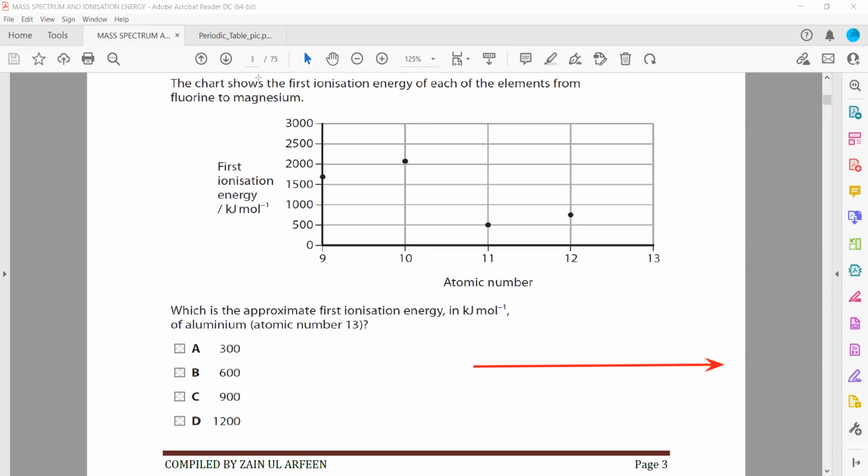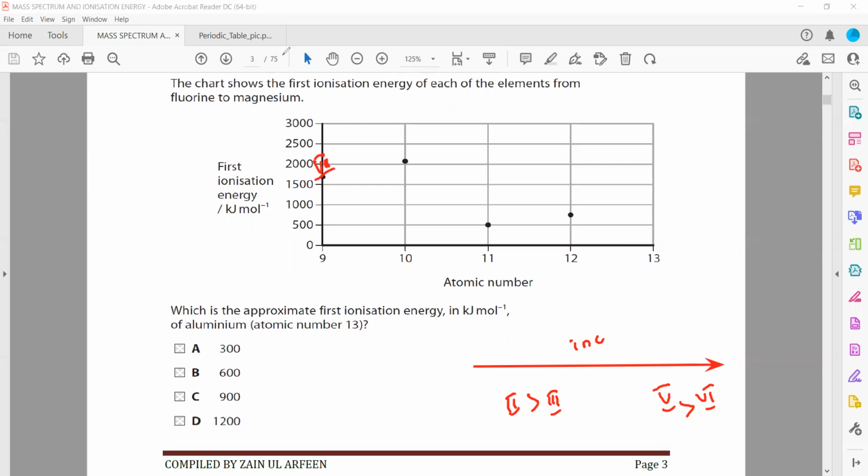But what we find is that there will be a difference between group 2 and 3. Group 2 ionization energy will be more than group 3, and between groups 5 and 6 we also find a difference. The group 5 ionization energy will be more than 6. The rest all follow the sequence, but only 2 differences are there. So here this is fluorine, which is a group 7 element.